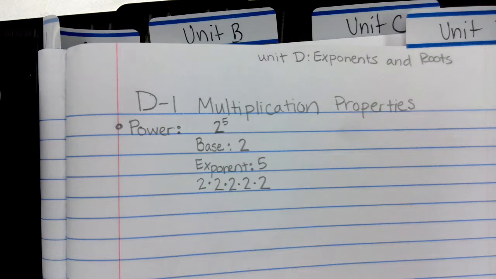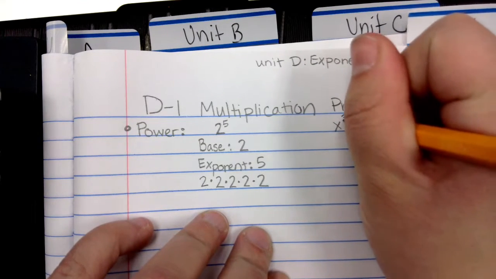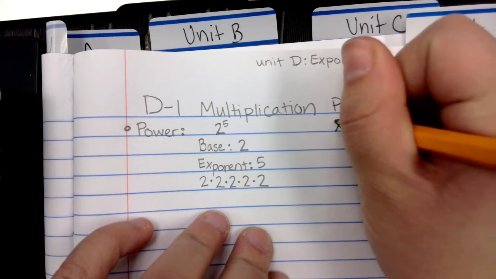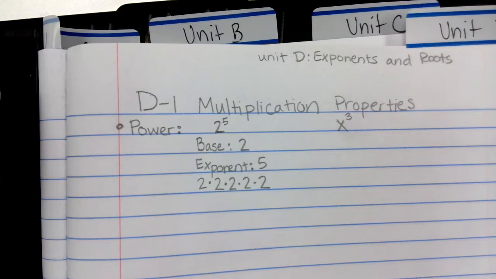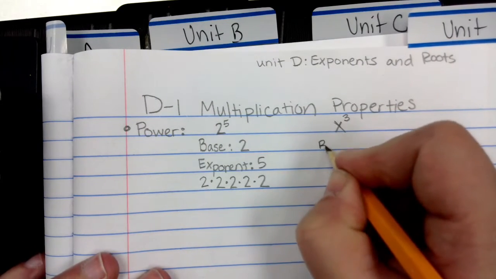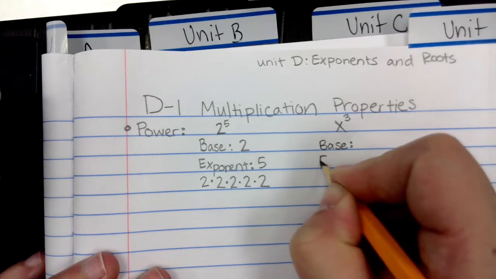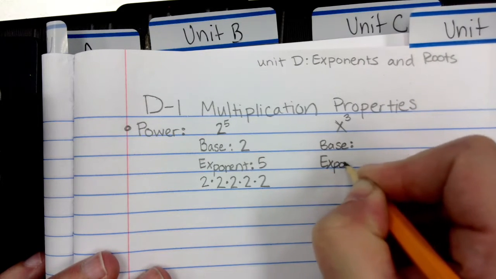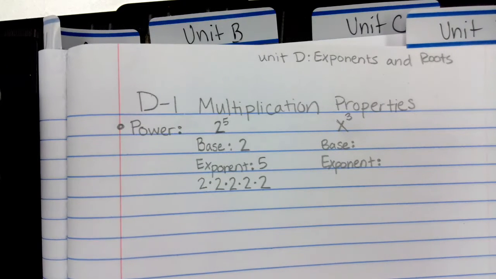All right. What about x to the 3rd power? Because that's what we're going to be dealing with mostly today is going to be variables. Variable bases. So in this case, we want our base and our exponent. What is the base of x to the 3rd power?